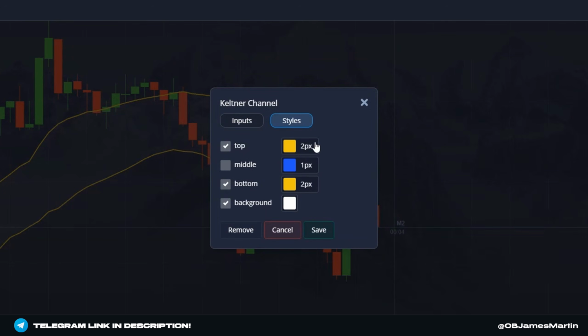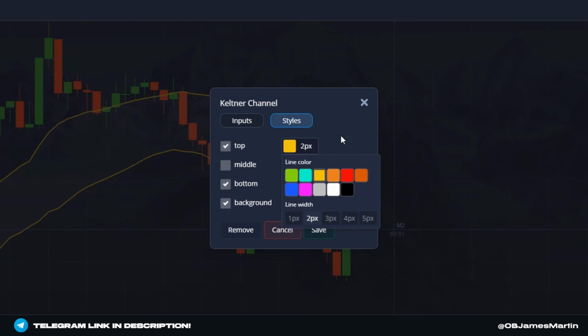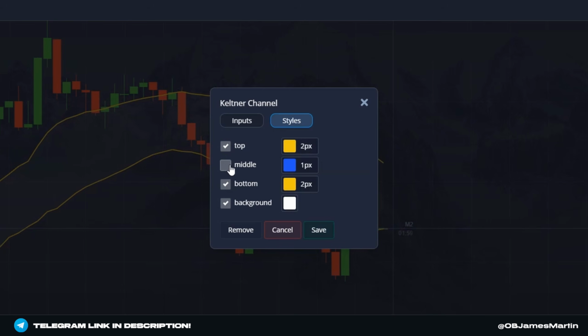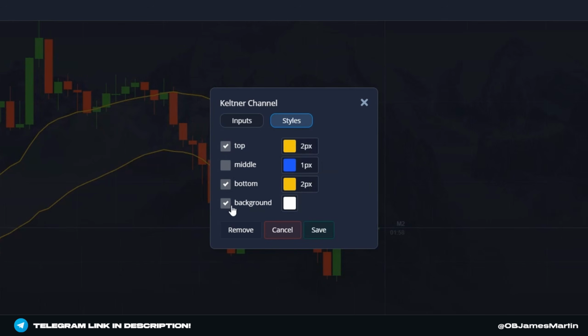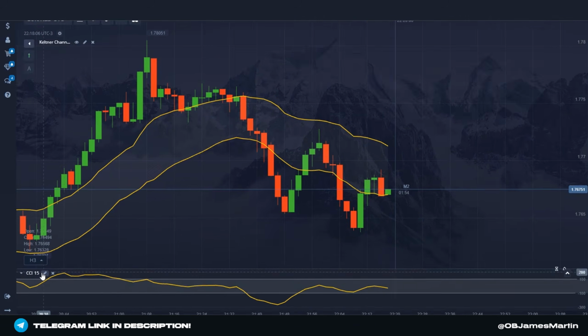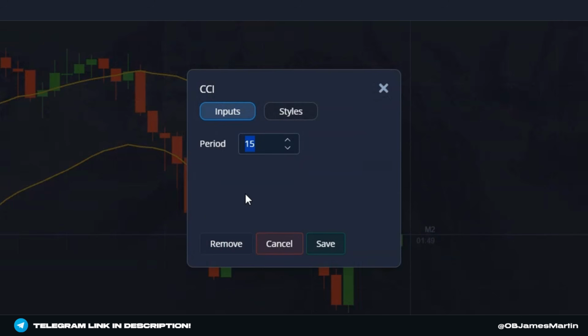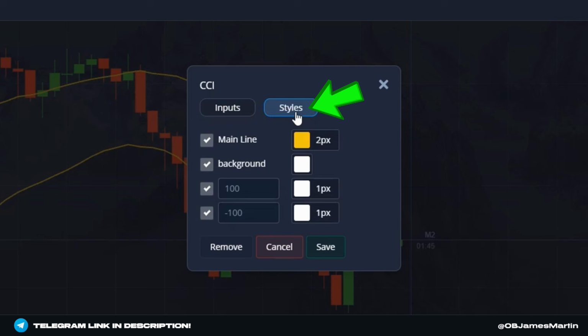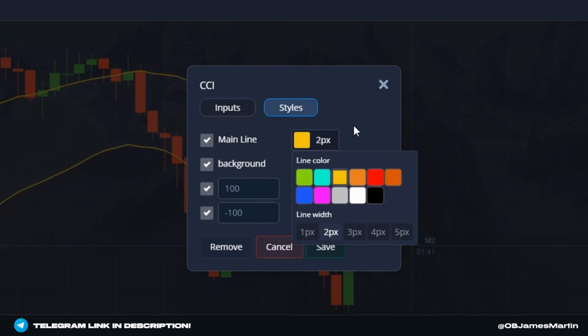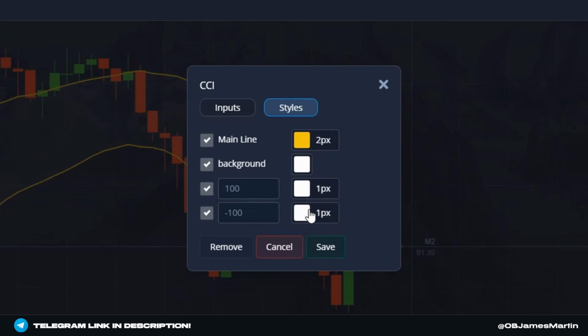I like to use yellow, 2 on thickness, just select the middle, and save that one. Change to white on background. Right now, CCI. Let's change this to 15 on period and select style. Yellow, 2 on thickness. Alright, white.